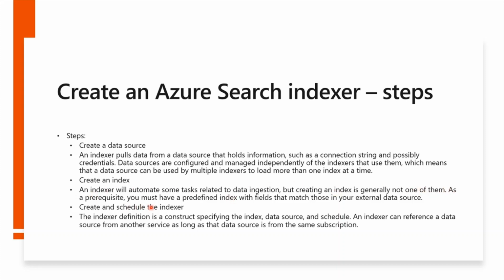As a prerequisite, you must have a predefined index with fields that match those in your external data source. Then you create and schedule the indexer. An indexer definition is a construct specifying the index, data source, and schedule. An indexer can reference a data source from another service as long as that data source is from the same subscription.